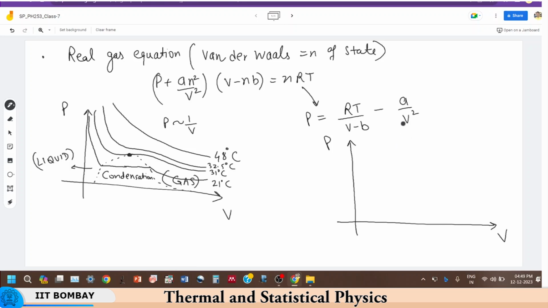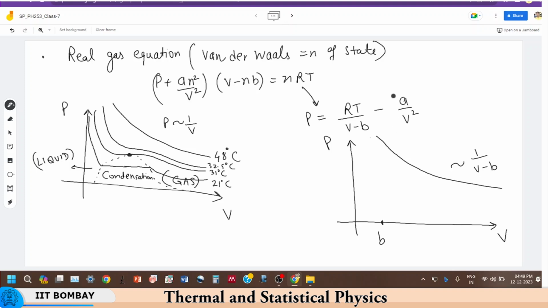When the temperature of the gas is very high, we can always ignore the intermolecular attractions, in which case only the first term will dominate, so it will be like 1 by V minus b. So at very high temperatures, the typical 1 by V minus b scaling will be true.